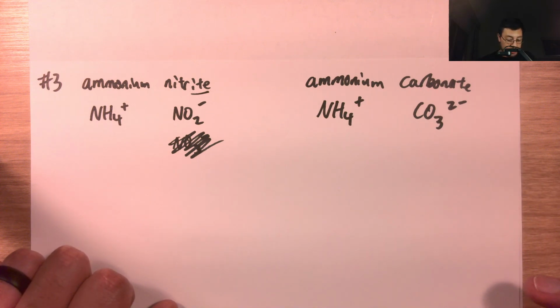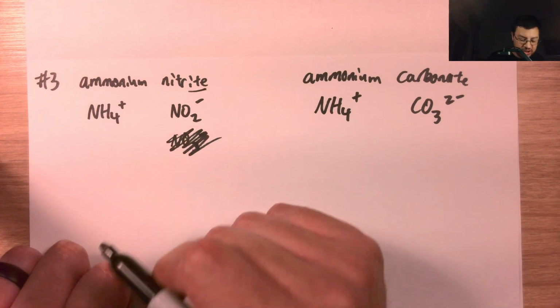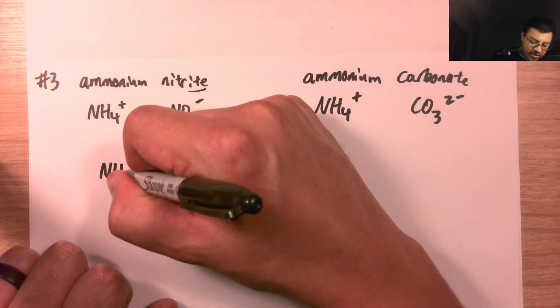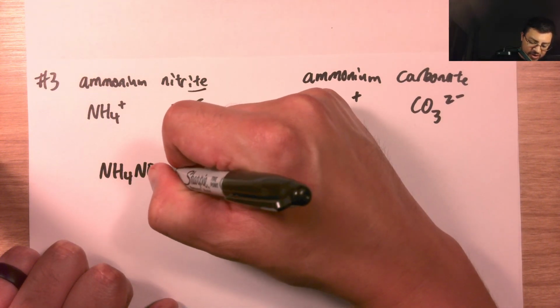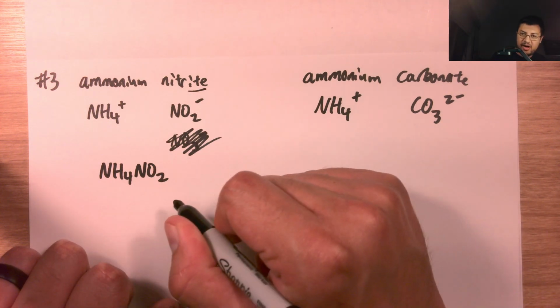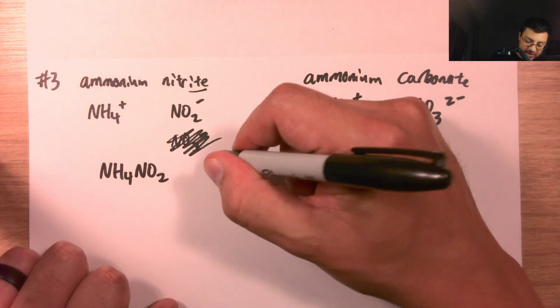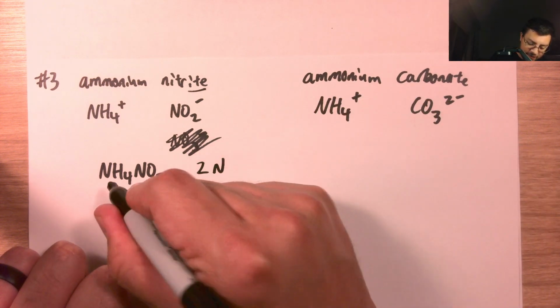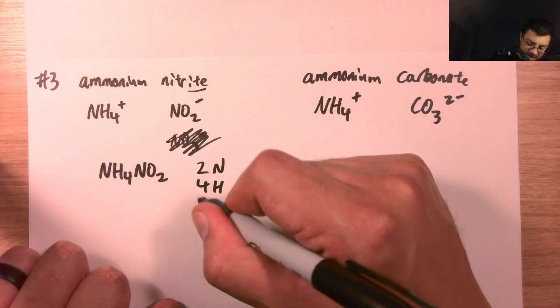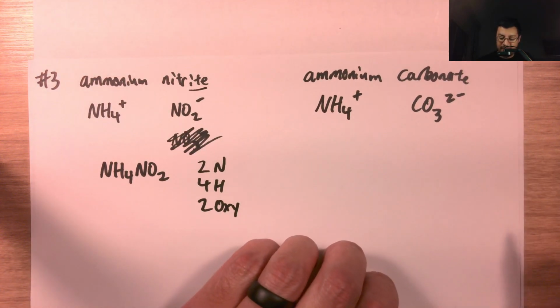All right, so the question becomes, what are the chemical formulas going to be? Well, hopefully you see here, we just need 1 of each to charge balance. So this will be your chemical formula for ammonium nitrite. To take inventory of what elements we have here, you have 2 nitrogens, 4 hydrogens, and 2 oxygens. All right, let's go to the ammonium carbonate side.